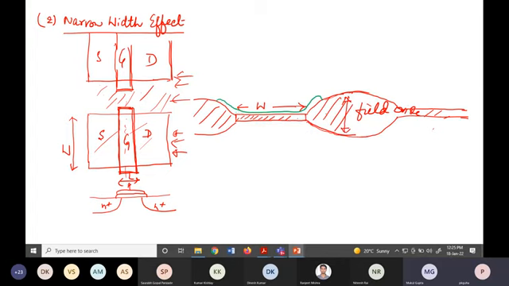If you see now, whatever voltage you are applying here, it needs to not only form immobile ions here, but also the electric field will fringe, right? So they need to form immobile ions here also, so that in effect will increase the threshold voltage.